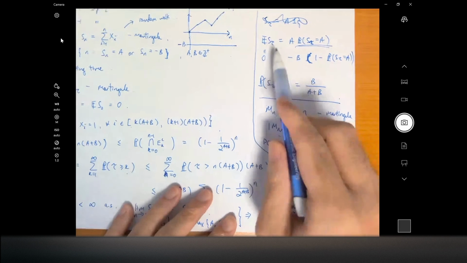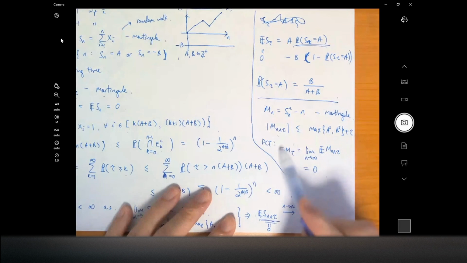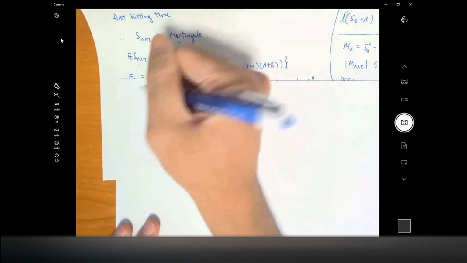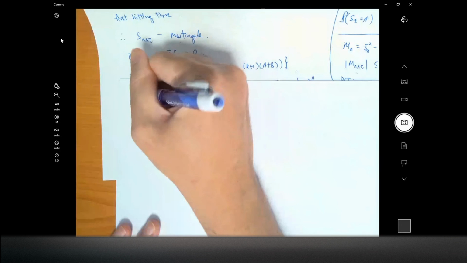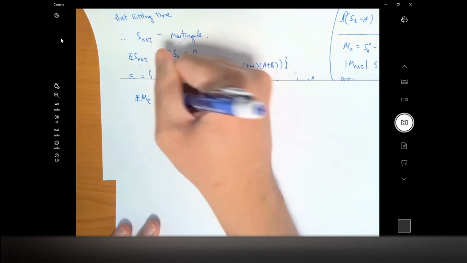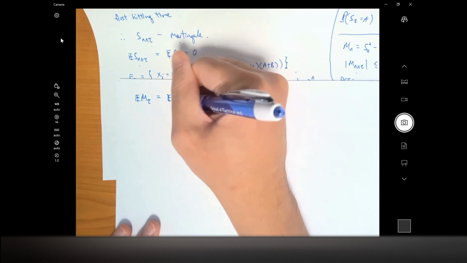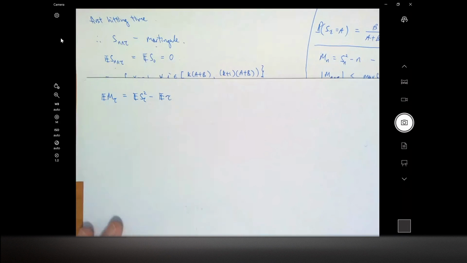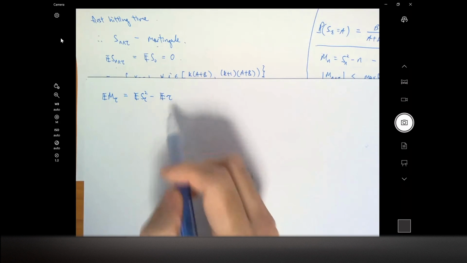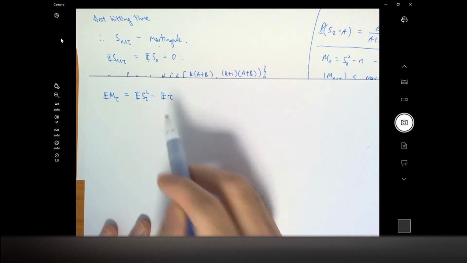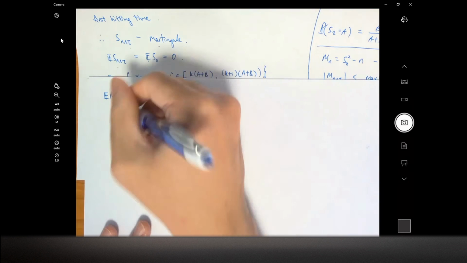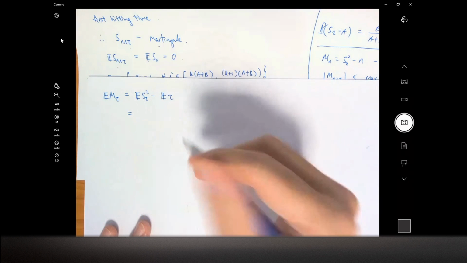On the other hand, similar to what we did here, we can explicitly compute the expectation of M_tau. The expectation of M_tau is the expectation of S_tau squared minus the expectation of tau, by definition, since M_tau is S_tau squared minus tau. Then we can expand out this side.